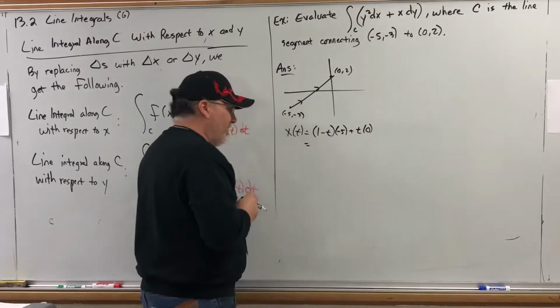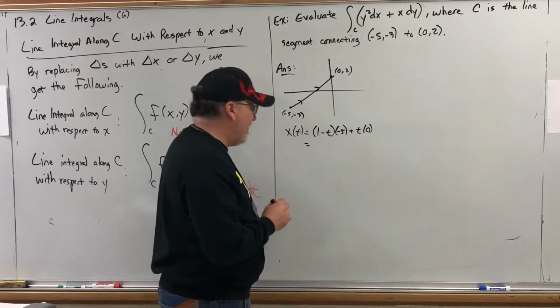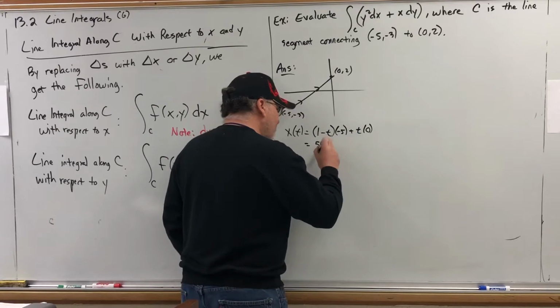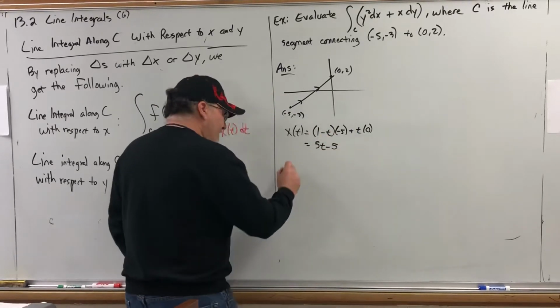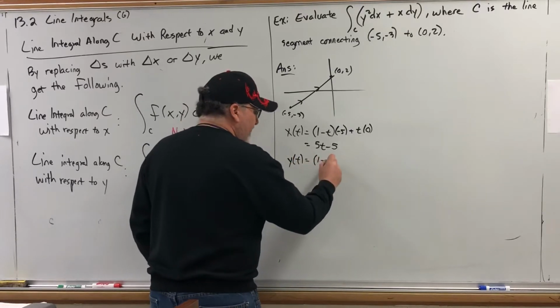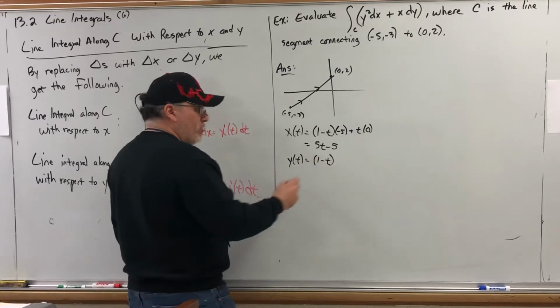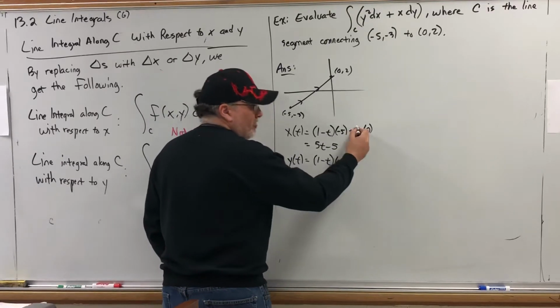And if we simplify that, this disappears. Distribute the -5, we get 5t, and then 1 times -5 is -5. And then for our y parametrization, we can say 1 minus t times the initial y coordinate, which is -3. It's bothering me not having parentheses around this t.